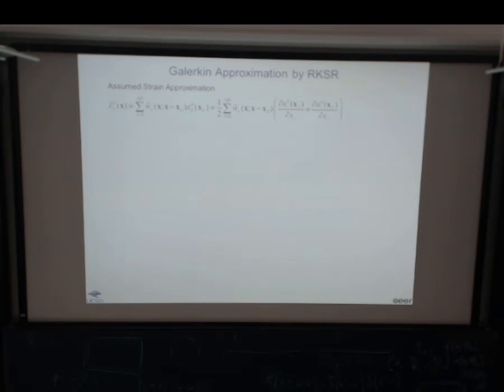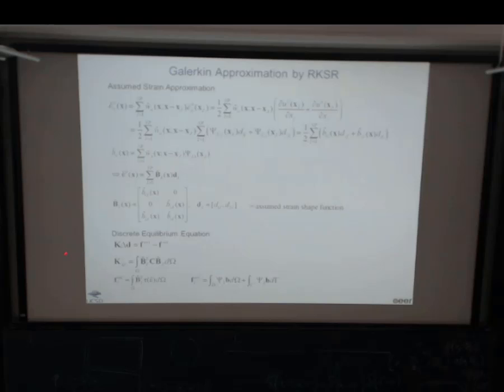Okay, so now you can bring this into an assumed strain. So this is my non-local strain. This is the reproducing kernel, and strain is a derivative of the displacement, bringing the approximation for the displacement. Anyway, my point is you can now express the non-local strain by a non-local, if you wish, gradient matrix multiplied by the displacement nodal values, right?